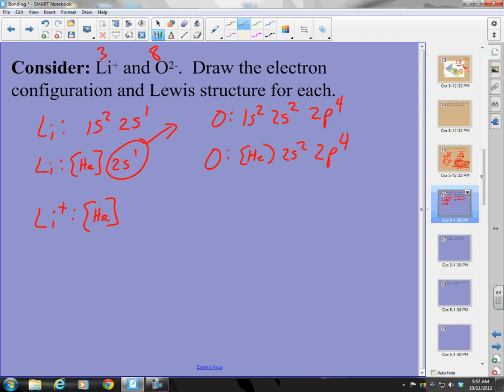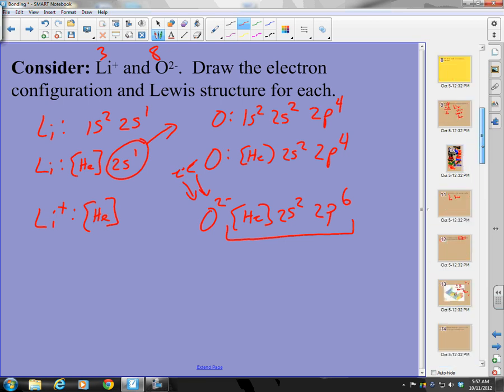Now oxygen becomes O2 minus. How does it become 2 minus? It gains 2 electrons. If it gains 2 electrons, it is now helium, 2s2, 2p6.